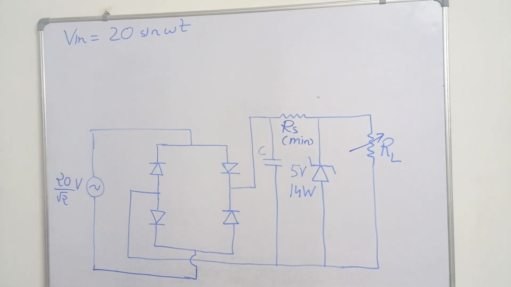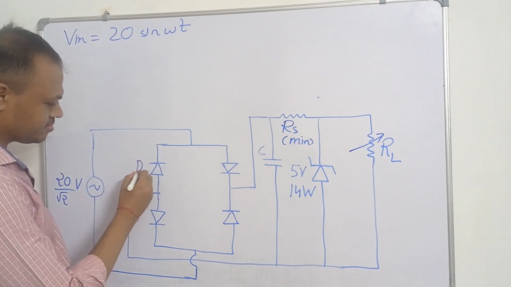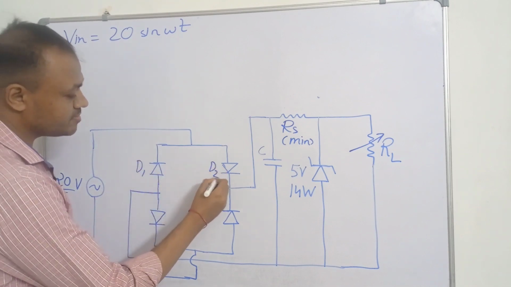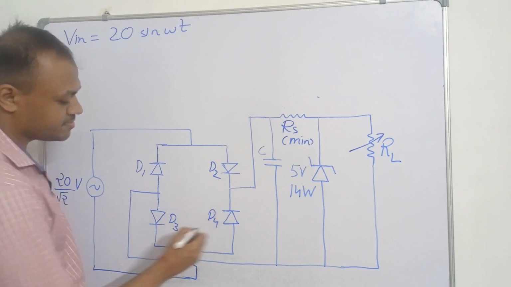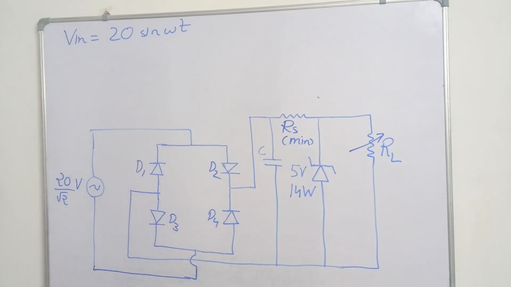Now let's say this is diode D1, this is D2, this is D3, this is D4. So these are the 4 diodes. During the positive half cycle, the capacitor is initially uncharged, so we will take all initial conditions as 0.